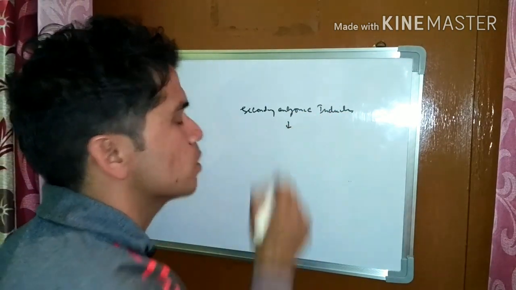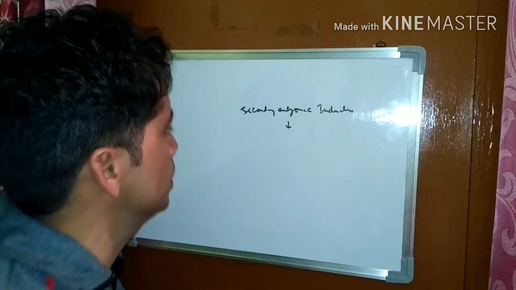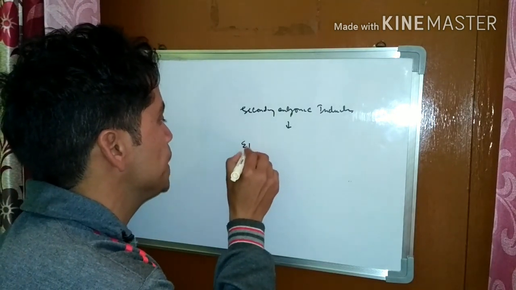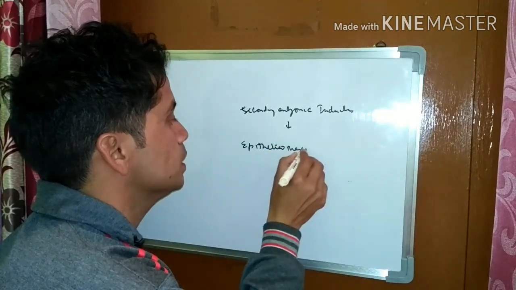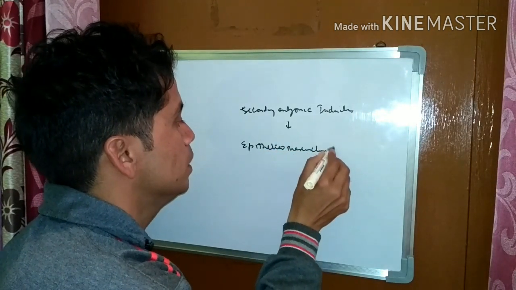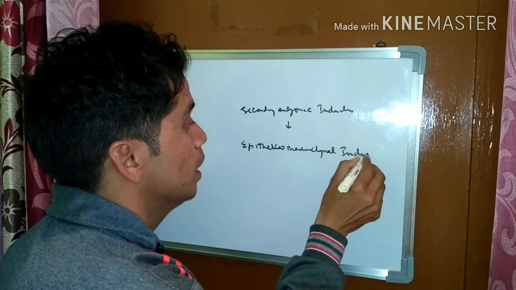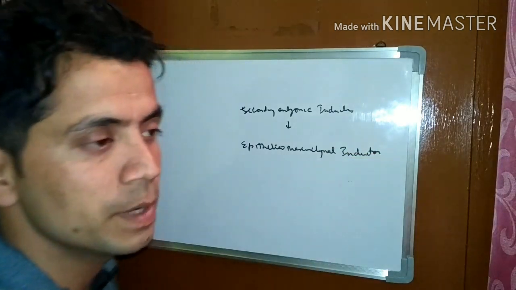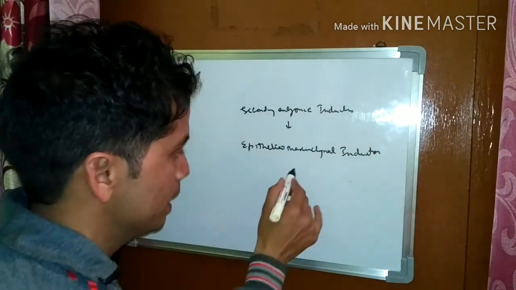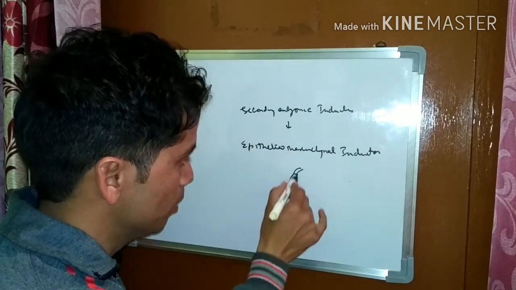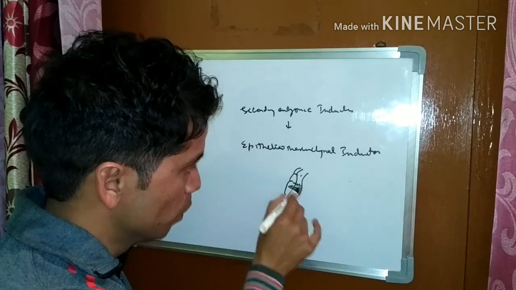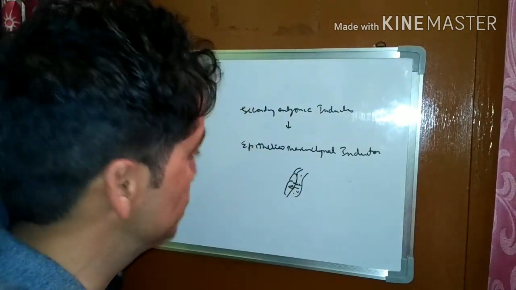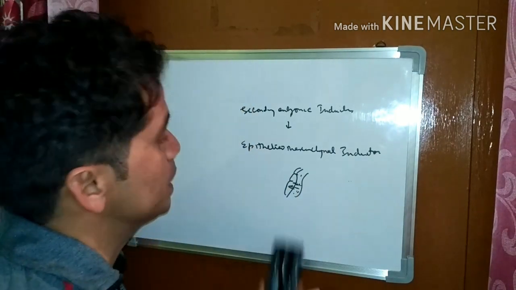It is commonly called in many books epithelio-mesenchymal induction. The mesenchyme layer is below the epithelium, and it is a very important layer that sends molecules which help in division and formation of structures from the epithelium.